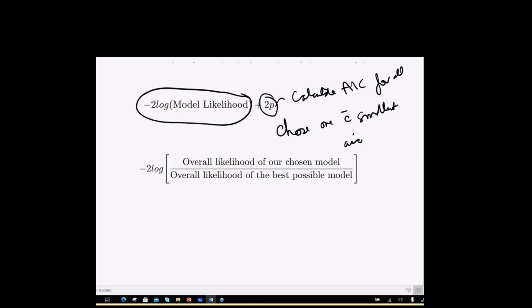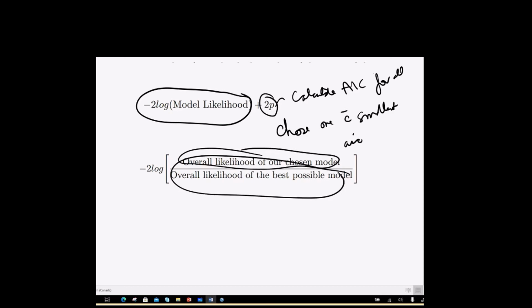In this last equation, we determine the overall likelihood of our model and compare it with the overall likelihood of the best possible model, in other words, the one that just connects all the dots, and that gives us an index of goodness of fit that's referred to as deviance.